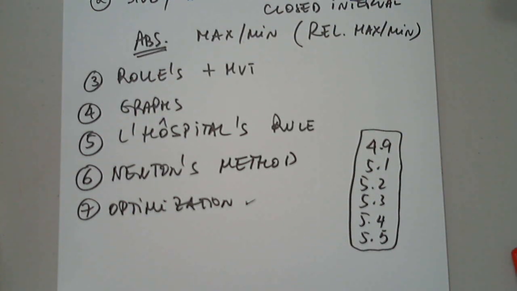Okay, so here's a very simple situation. Find the dimensions of a rectangle. I will read a few and you choose. Find the dimensions of a rectangle with an area of 1,000 square meters, whose perimeter is as small as possible.